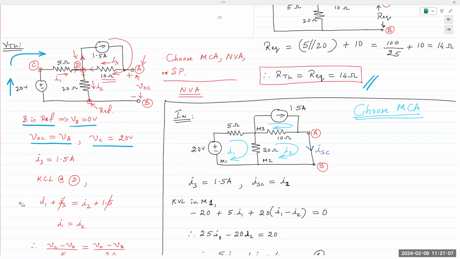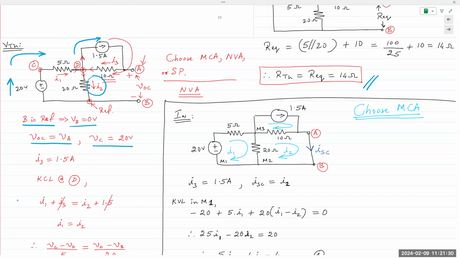Then I have the 1.5 amp current source. So that current goes in this direction. And then it comes around and enters the 10 ohm resistor from the right. And so I chose I3 flowing through the 10 ohm resistor as going towards the left. And then, of course, I2 I chose as going down.